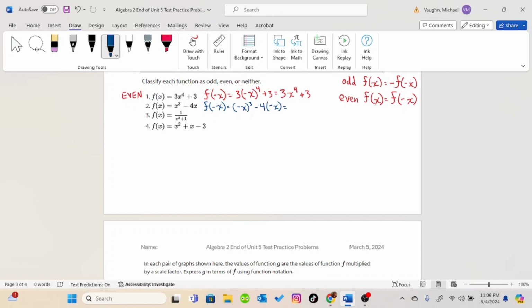A negative x to an odd power stays a negative x. But a negative 4 times a negative x becomes plus 4x. I have the exact opposite, so this is odd.